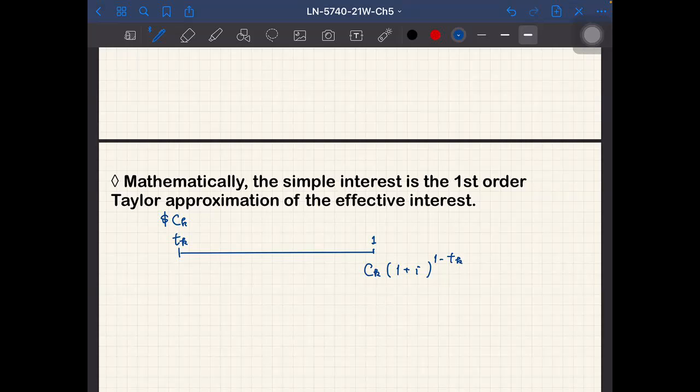But the simple interest approximation is the first order Taylor approximation of this.